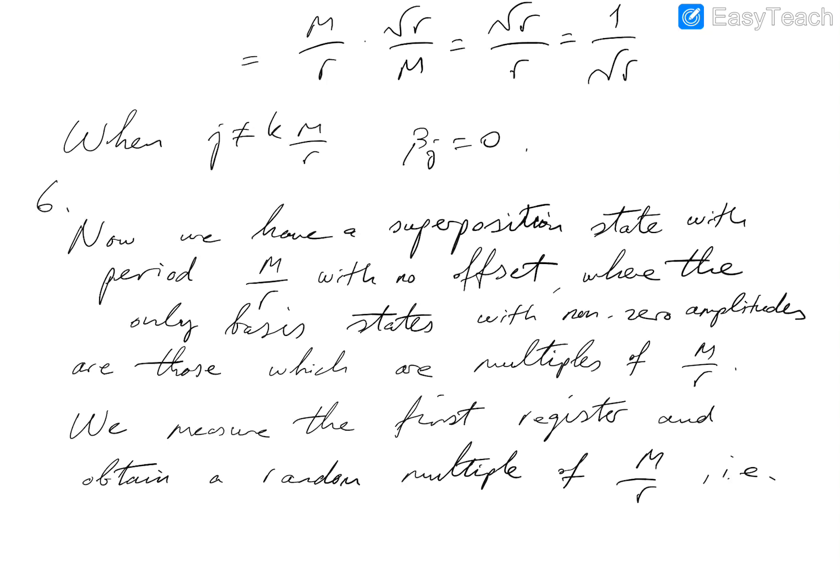That is, we obtain k times m over r. So k is a random number between 0 and r minus 1.